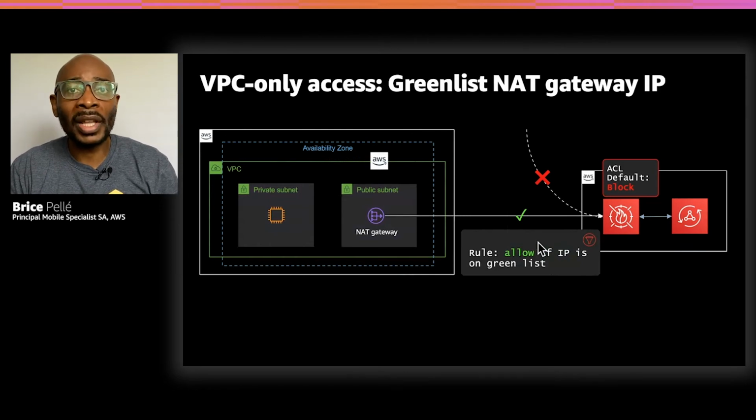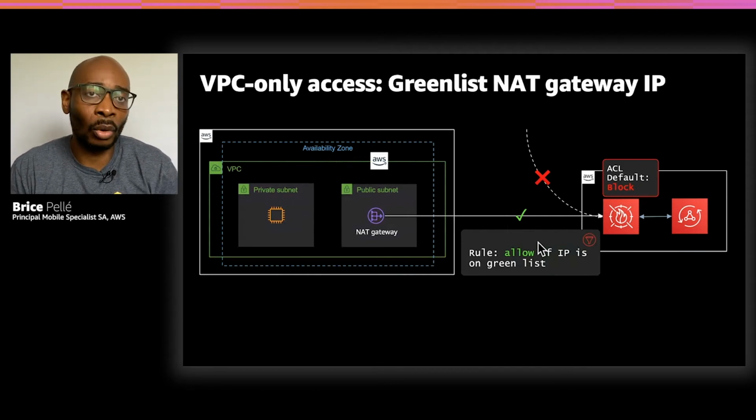Well, what you can do is set up a WAF in front of AWS AppSync with a default rule that blocks all incoming traffic. And then you can set up one rule that allows traffic that comes from your NAT gateway elastic IP address. This way, you're blocking everything else, and you essentially have a private API that is only accessible from your VPC.